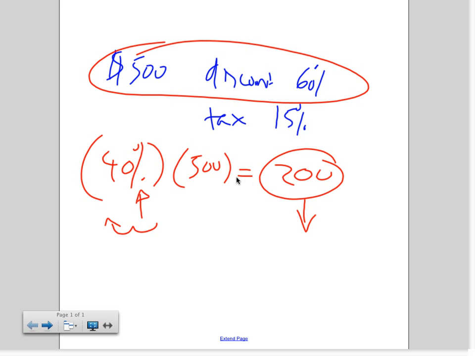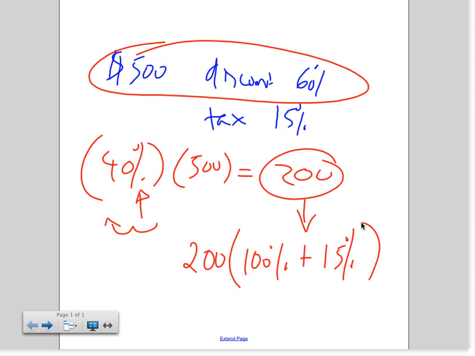Okay, so 15%. That's what I was saying. If you work this problem by doing tax first and then discount, it'll give you the same answer. But in the middle step here, you are still using the new value, not the original one. So 15% tax, that means you are paying a total of 115%.